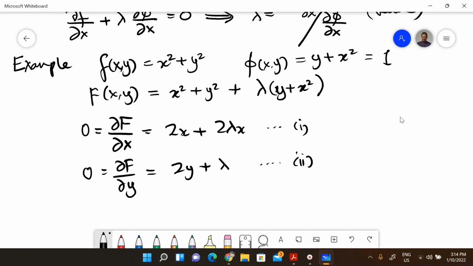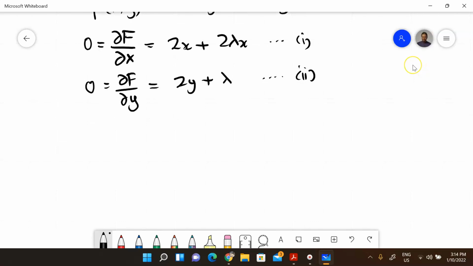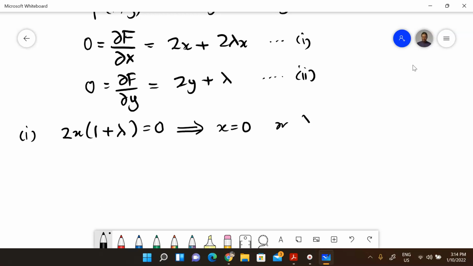From equation 1, what we're going to have is the following: 2x times (1 plus lambda) equals 0, and that will imply that x equals 0 or lambda equals minus 1.